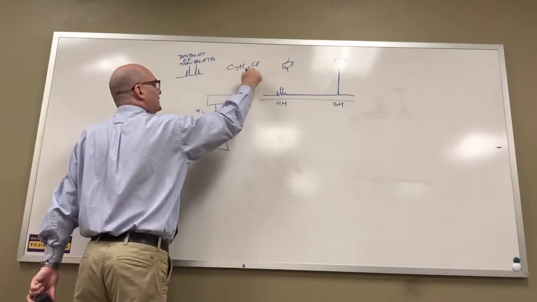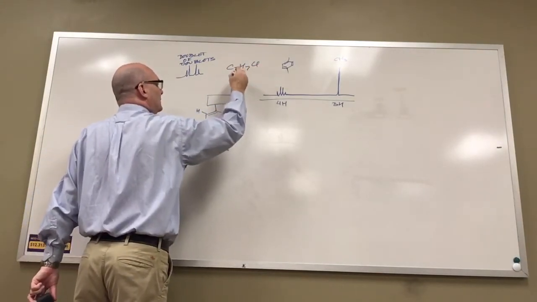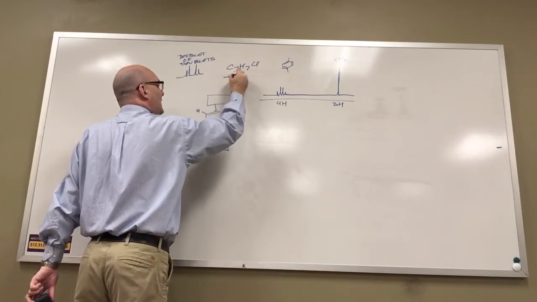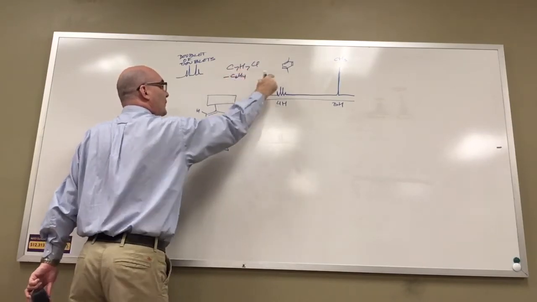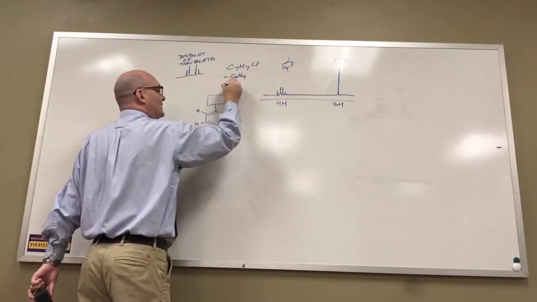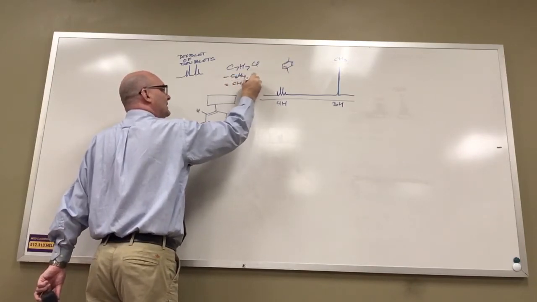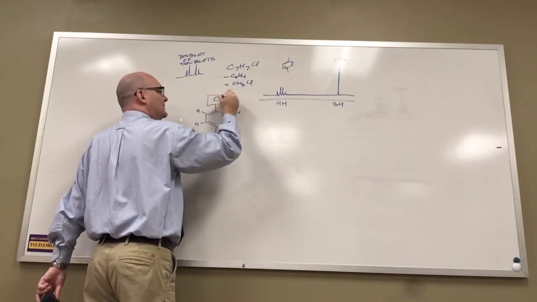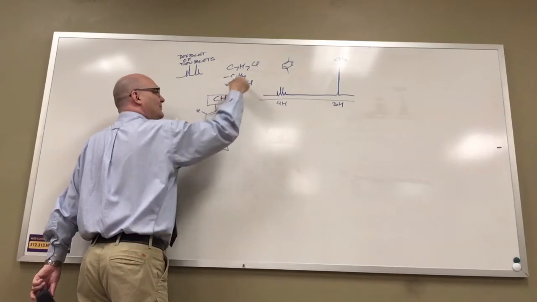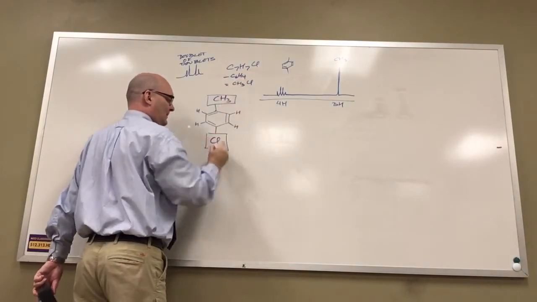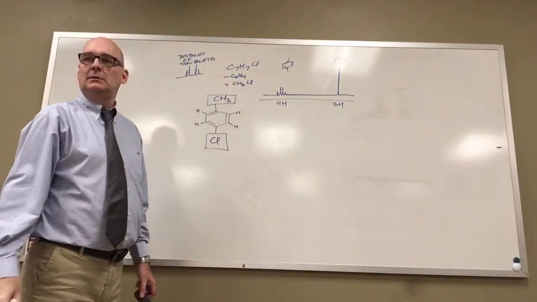So C7H7Cl, if I take away C6H4 for my para disubstituted ring, I get CH3Cl. If I spend the C and the H3, that just leaves the Cl.